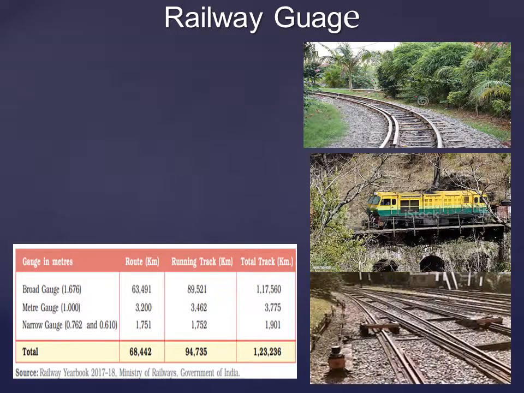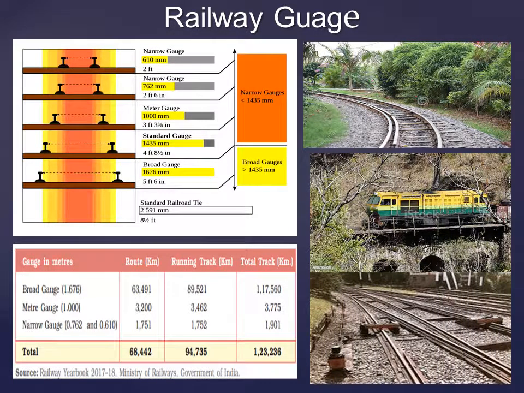What is broad gauge? The distance between two rails is 5 feet 6 inches or 1676 millimeters in broad gauge. Next, when we take meter gauge, the gauge is 1000 millimeters and its route is around 3200, running track kilometer is 3462, and total track is 3775.